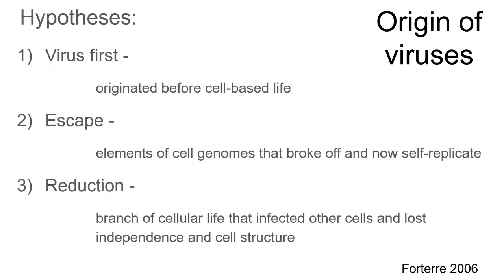And so they stopped producing their own cells. So those are three hypotheses that describe how viruses might have come to be. And remember that in science, that's always changing, right? If there's better data, or a better explanation for the data that we have, then we would have to change that explanation.